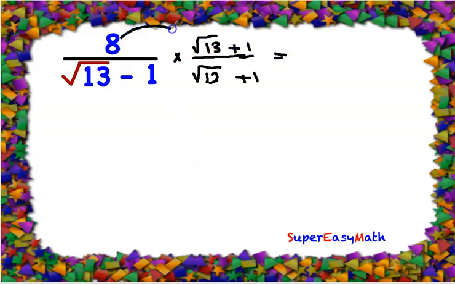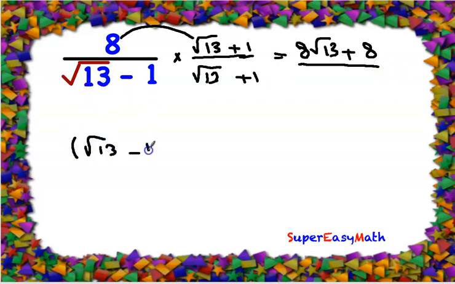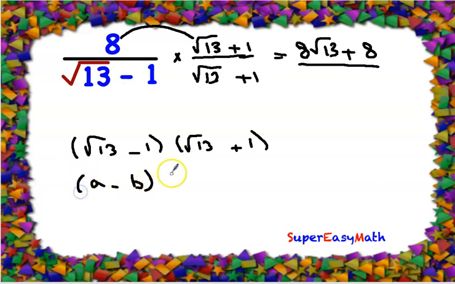Now 8 times the square root of 13 plus 8 times 1, over square root of 13 minus 1 times square root of 13 plus 1. It's of the form a minus b times a plus b, and it's equal to a square minus b square.